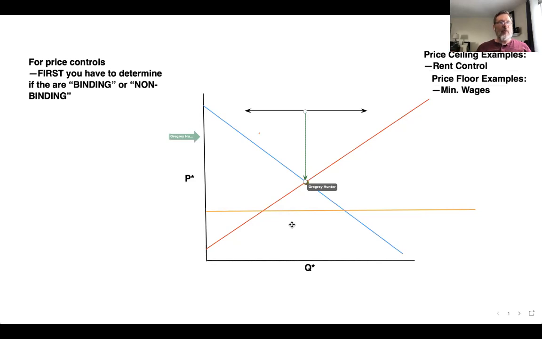Everybody currently earns more than $1 an hour, and it's unlikely that many people would work for less than $1 an hour, right? So a price floor that's below the equilibrium price is non-binding, and it has no impact on the market, and the prevailing price or the prevailing wage in the labor market is just going to be whatever the equilibrium price is.